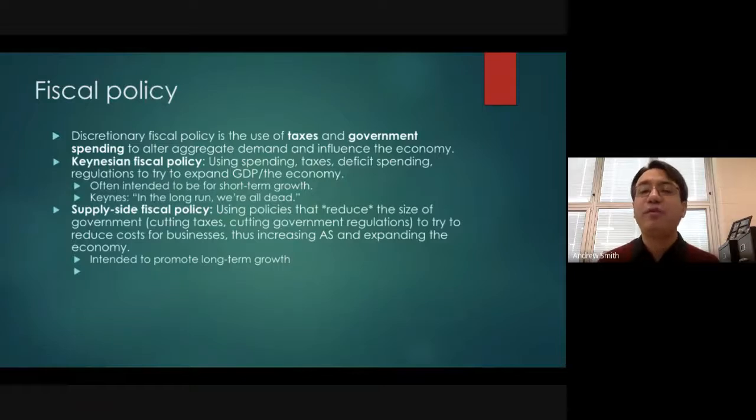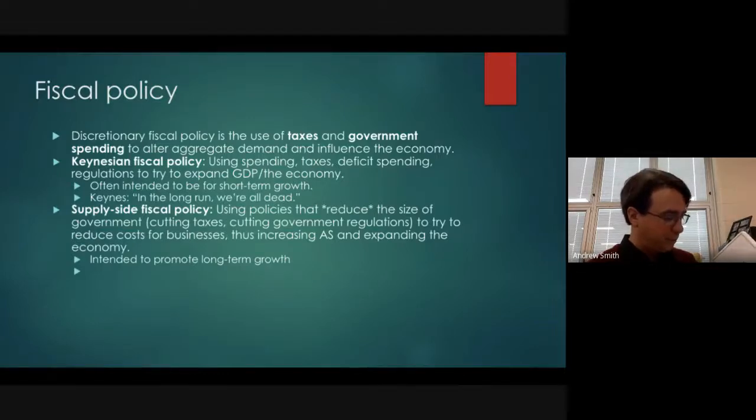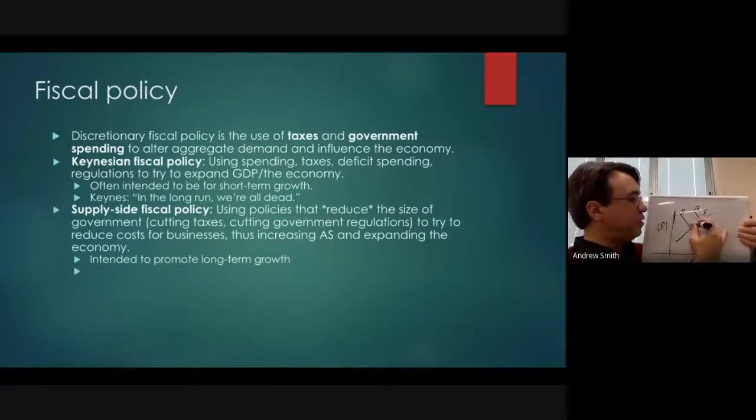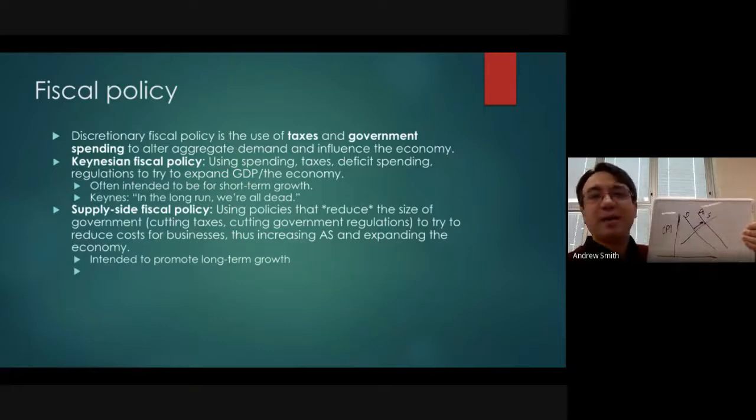And there's two different viewpoints on how to do this. One of them is what we refer to as Keynesian or demand side fiscal policy, and that is trying to boost aggregate demand by moving the aggregate demand curve. Okay, so what Keynesian fiscal policy is trying to do is move the aggregate demand curve to the right.